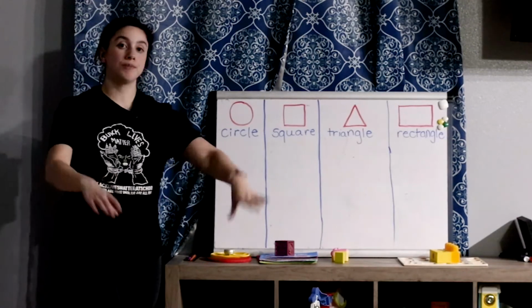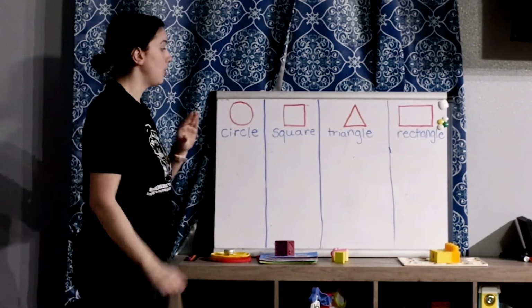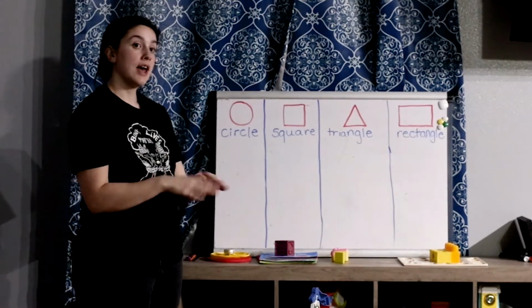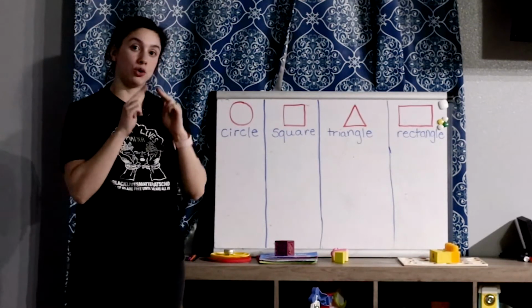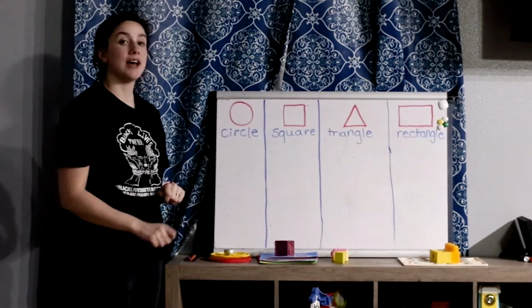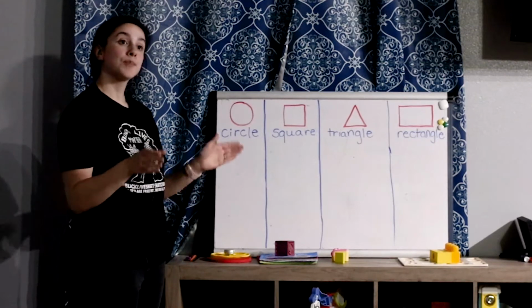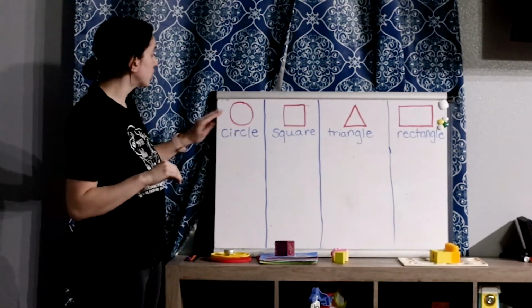A circle is round. It has no sides and no angles or corners. So it is round and it's made out of 1 line. Things like clocks are circles.